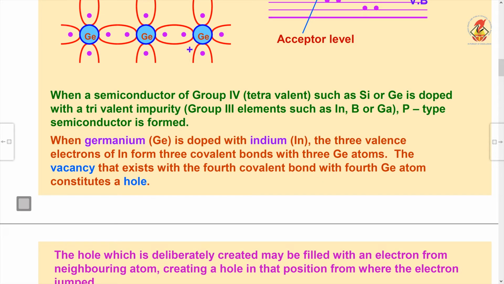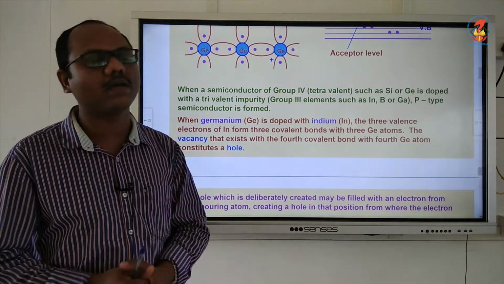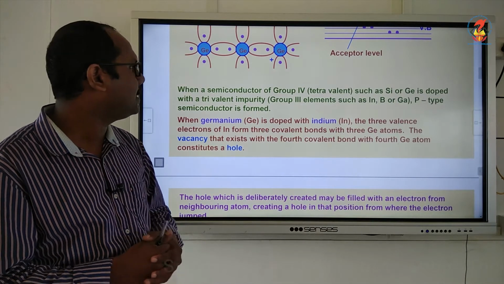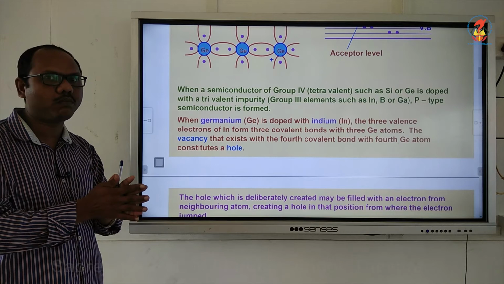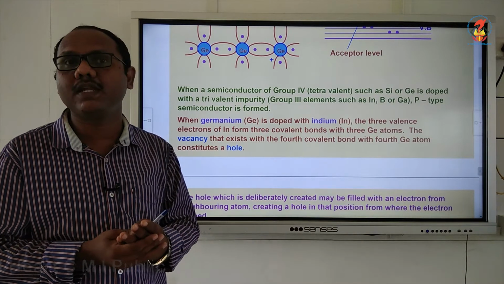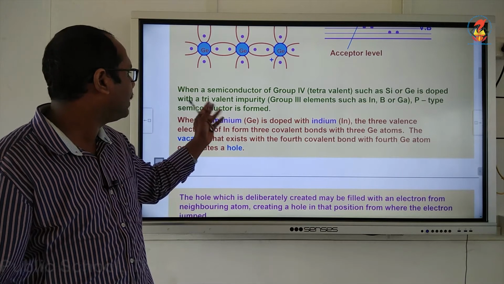So, semiconductor like silicon or germanium is doped with a trivalent impurity such as indium, boron, gallium, etc. Those atoms have the valency of 3. So, semiconductor crystal which is doped with trivalent impurities, that means in periodic table it belongs to group 13, they are called P-type semiconductors.